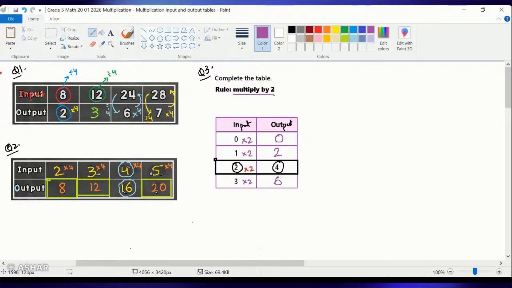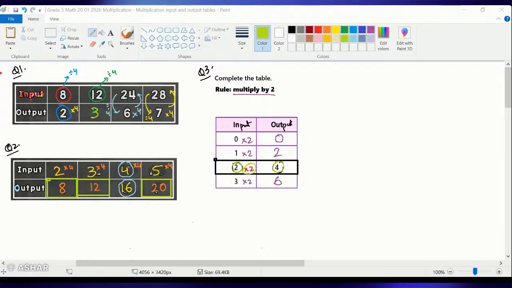We simply have to multiply each input number by the given number, or if the rule is not stated in the question, then we will find it through the given value, because 2 and 4 was given to us. Output 4, input 2. That means we knew that it has to be multiplied by 2. Agreed? Okay.